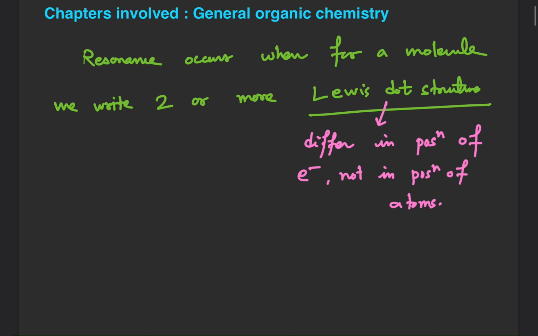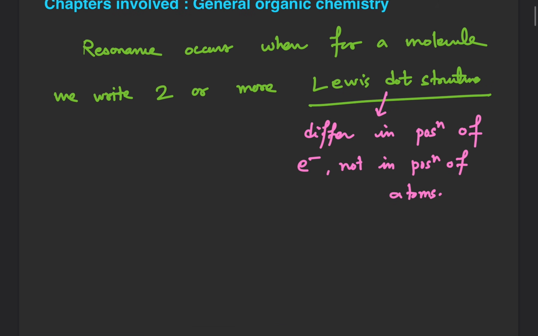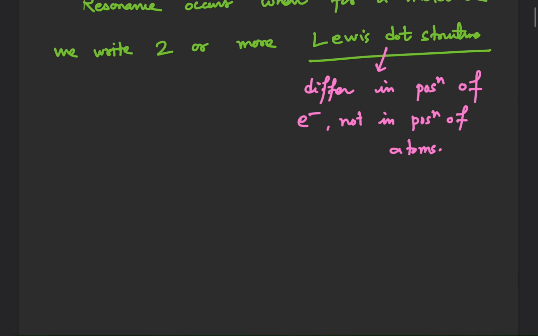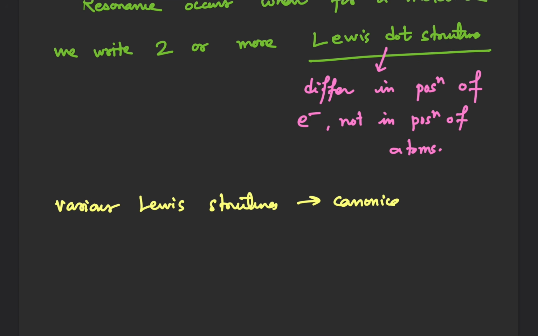Okay, and the various Lewis structures that we can draw for a molecule are known as canonical or resonance structures.